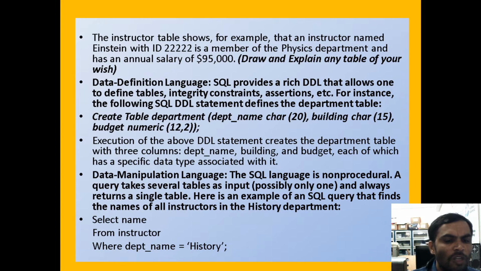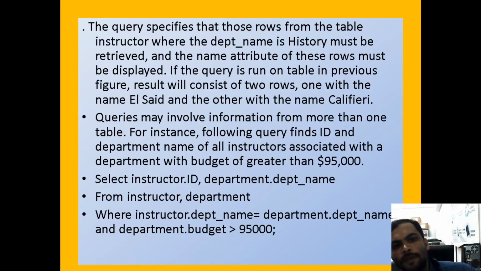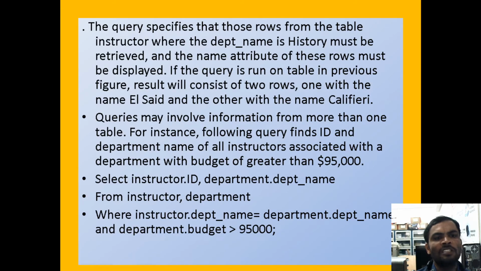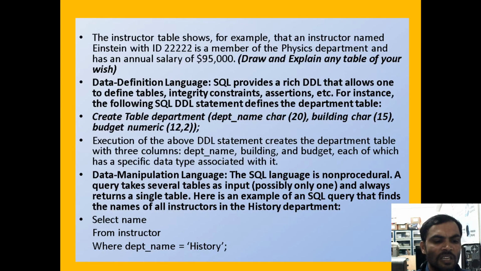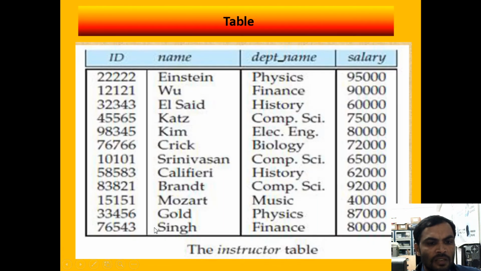Now if you want to retrieve information from the table or the database, we have the select query. Select name from instructor where the condition is given. Now the query specifies that those rows from the table instructor where the department name is history must be retrieved. Based on the select statement, it retrieves only for history.